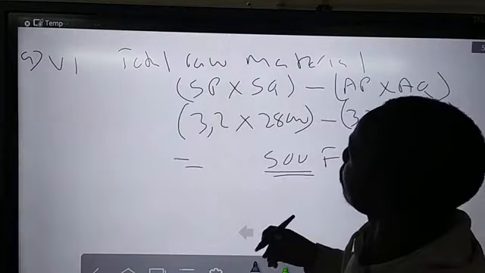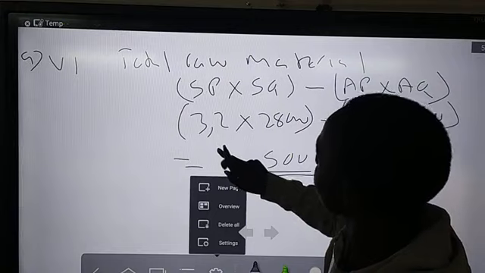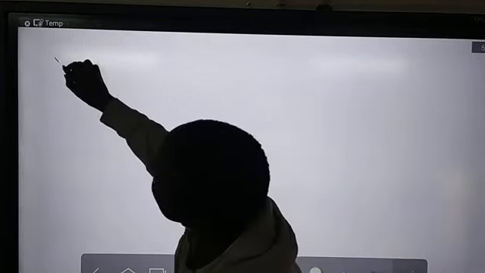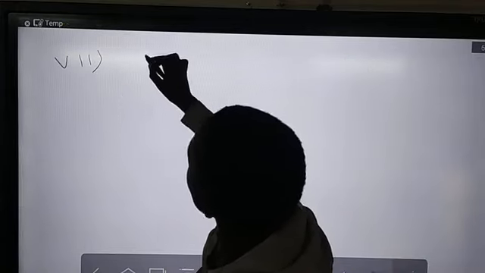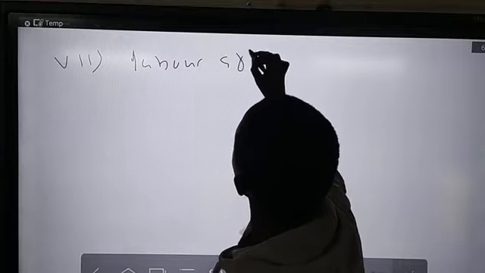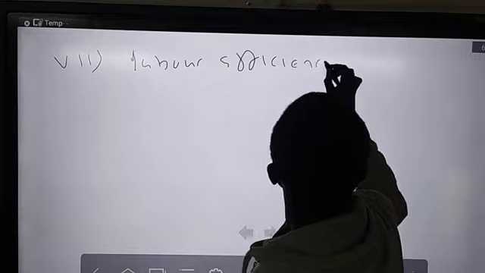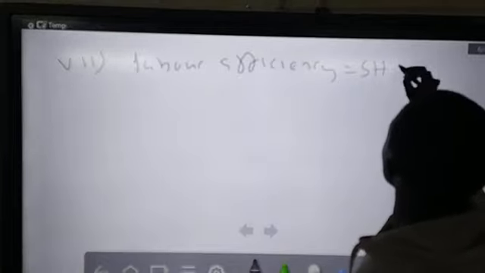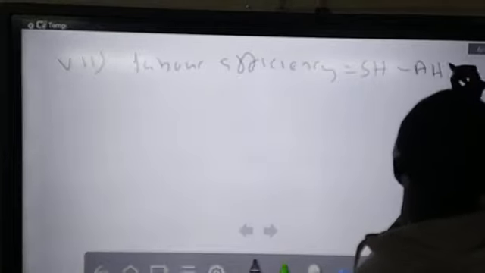So let's go to the formula now. Labor efficiency, we are saying SH minus AH, then we have standard rate.